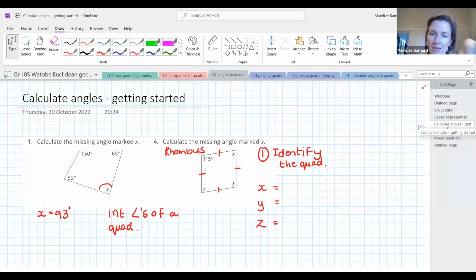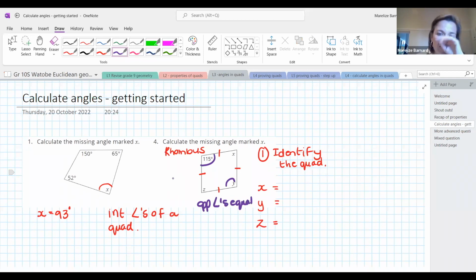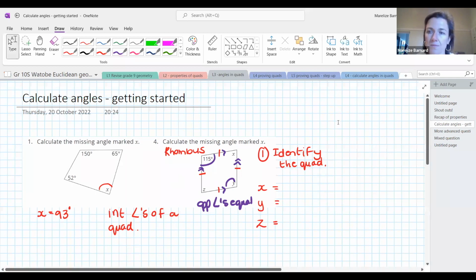And what do we know about the sides? The opposite angles are equal. Well done. Opposite angles equal. And the opposite sides are going to be parallel because a rhombus is a parallelogram. Yeah, all the sides are equal, not just the opposite sides, all the sides.